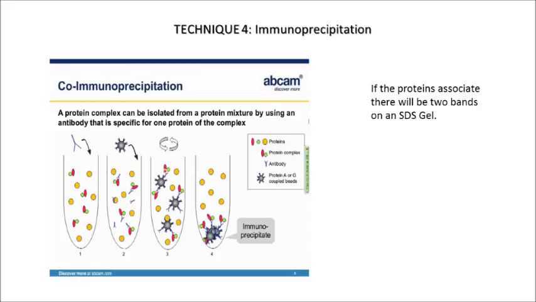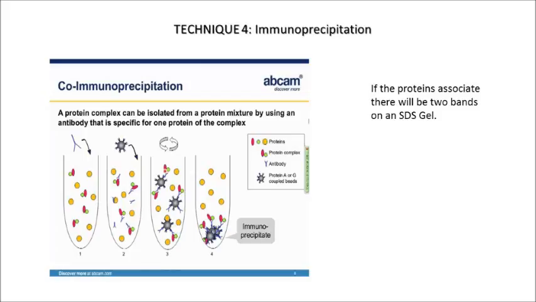An antibody is used to couple to the green protein in this case, and that antibody is coupled with a bead. So when this test tube is spun in a centrifuge, due to weight, the associated proteins coupled with the antibody and the beads are found at the bottom of the test tube.